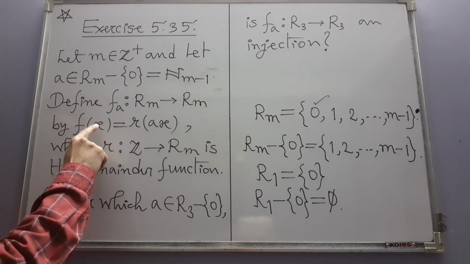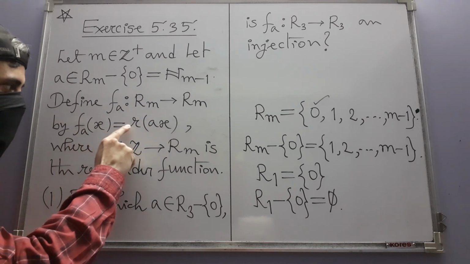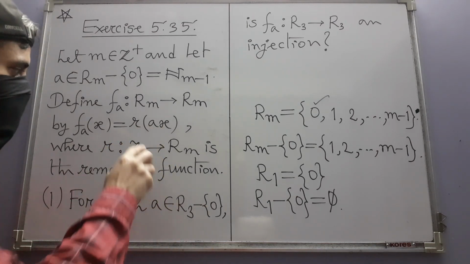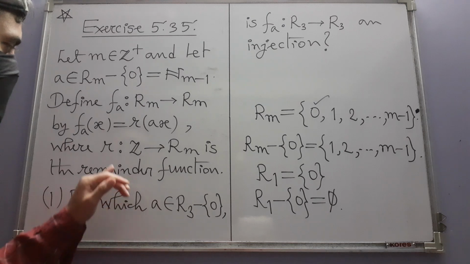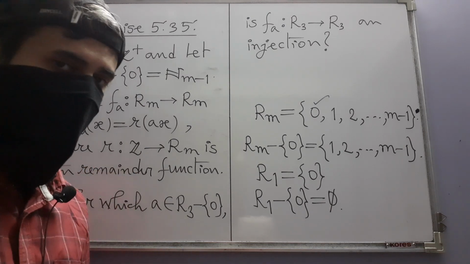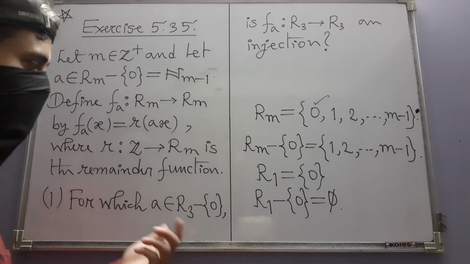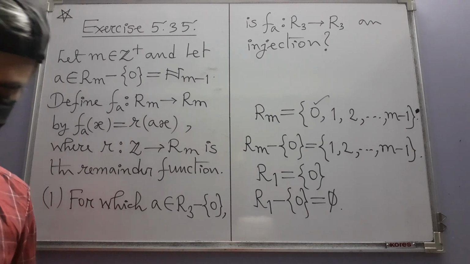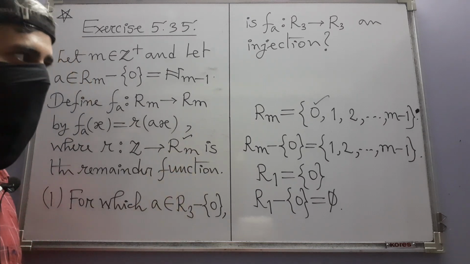The image of any element x coming from Rn under fa is the image of ax under the remainder function. What is the remainder function? The remainder function is the function that gives us the remainder when you divide the input, some integer, by the positive integer m. You can understand why we are taking this second set here as Rm.